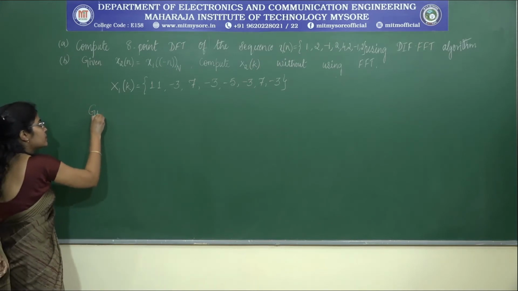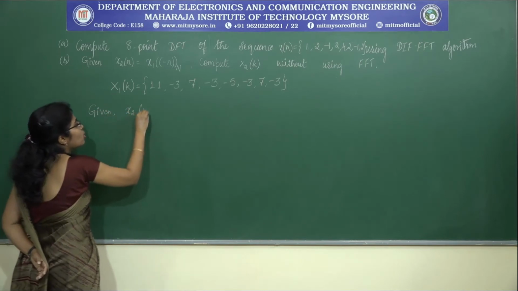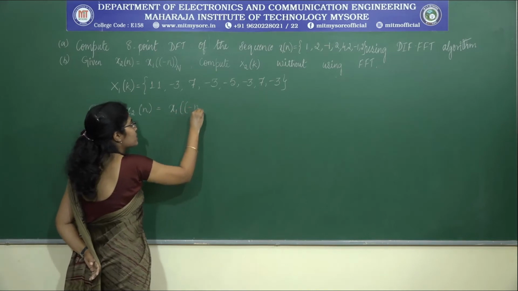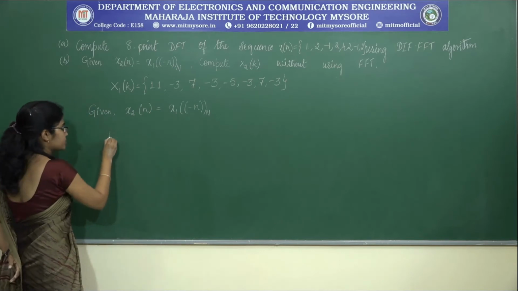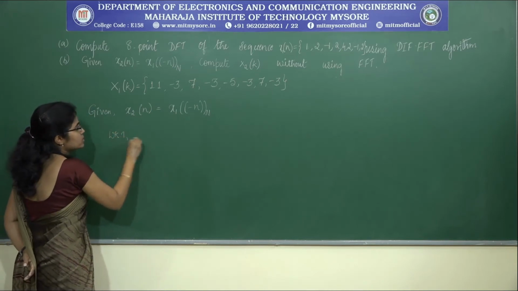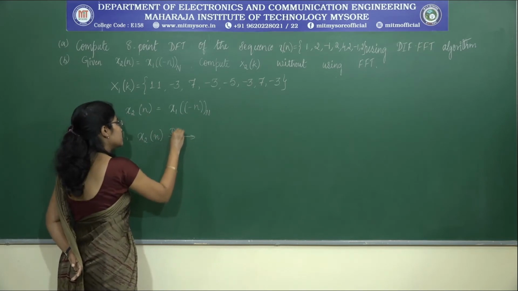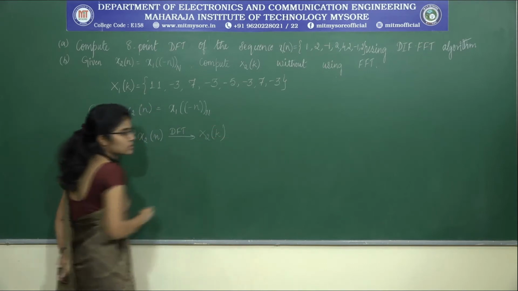Now what is the given data? They have given x2 of n is equal to x1 of minus n of n. Okay, we know that if I apply DFT to x2 of n, I can write it as x2 of k, correct?